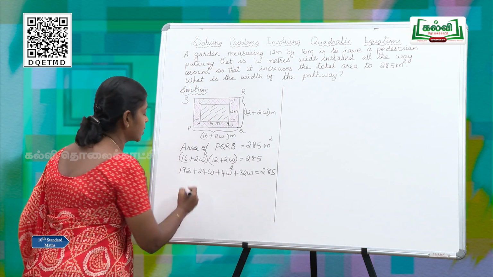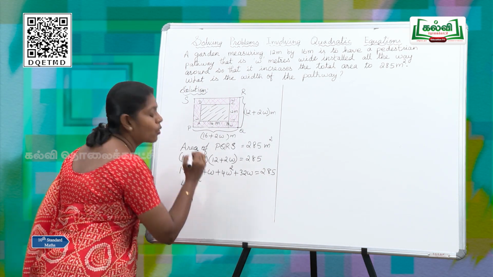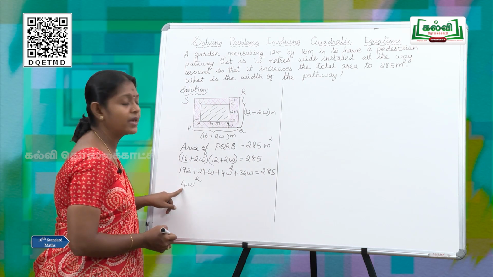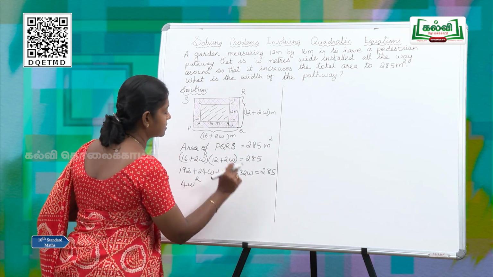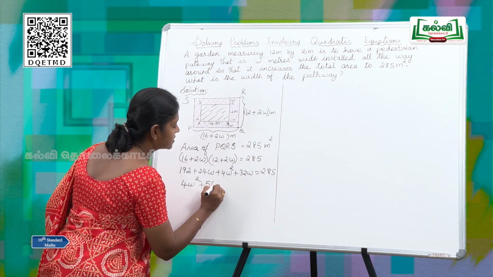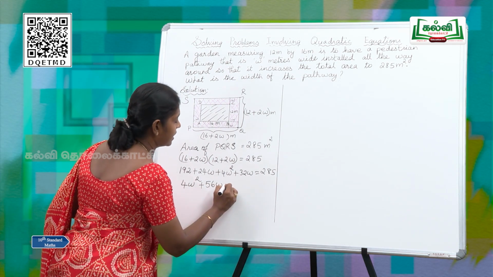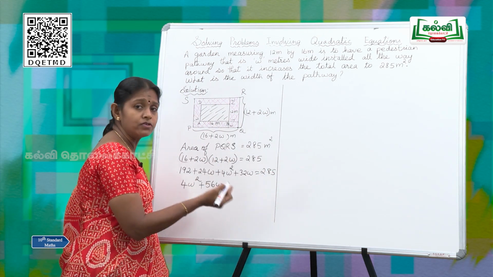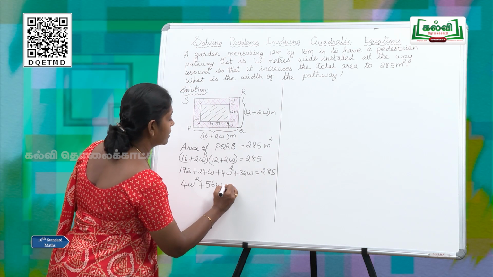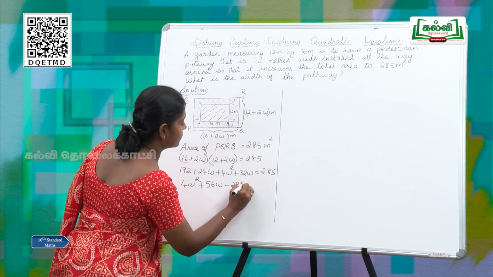So we have to arrange and simplify to make the quadratic equation. First term must be 4ω squared. The next term will be 24ω plus 32ω, which is nothing but 56ω. And at last, the constant must be there. That is what is given on your right side. You have to change this side, so it will be minus 285.